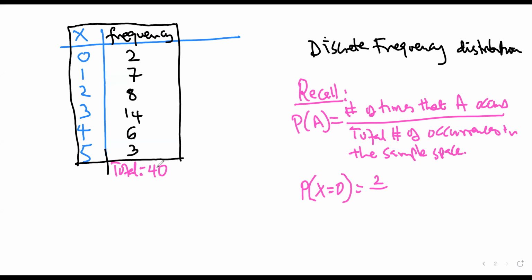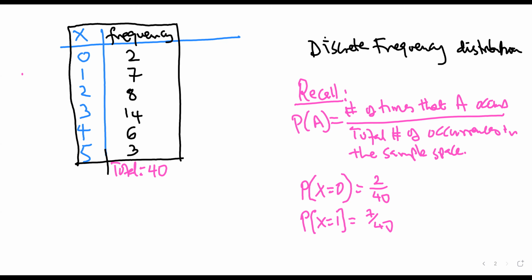So the probability that a given family in the estate that was surveyed has 0 children is 2 out of 40. And then the probability that X is equal to 1, that is, a given family has only 1 child, is 7 out of 40, and so on and so forth.